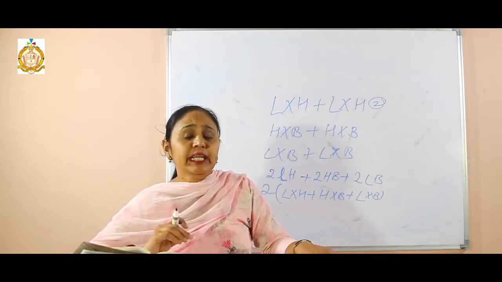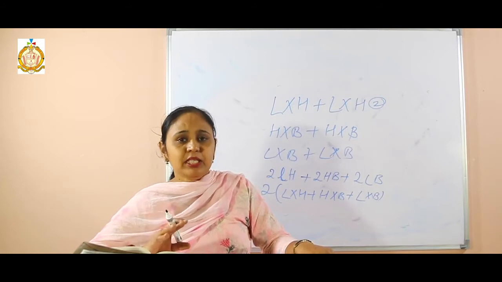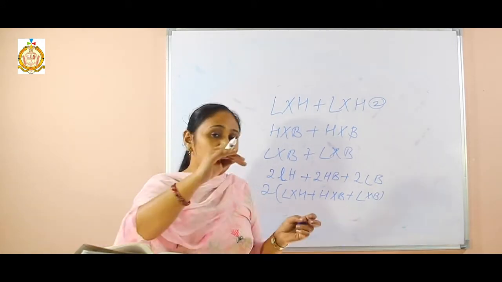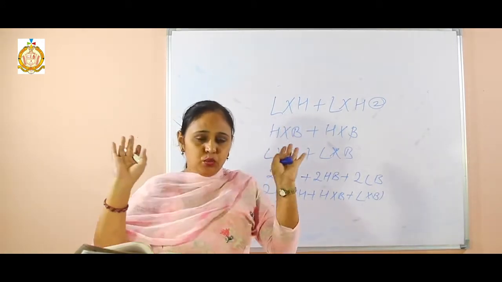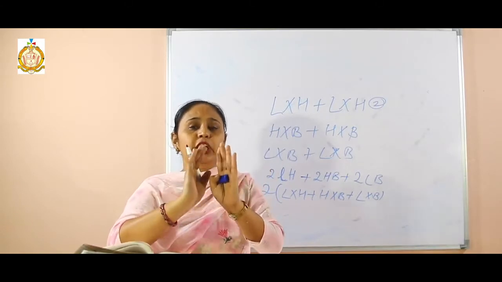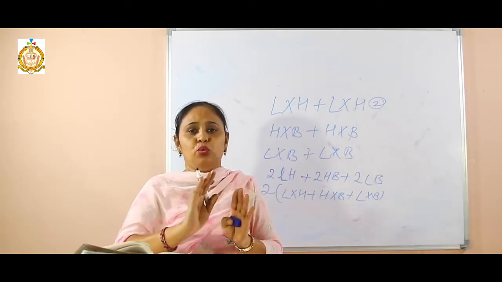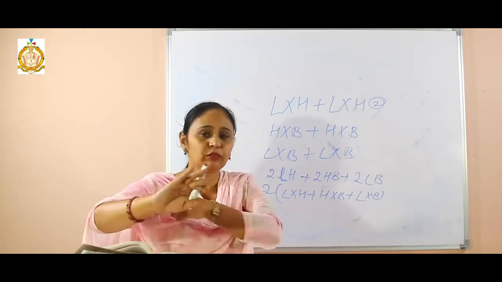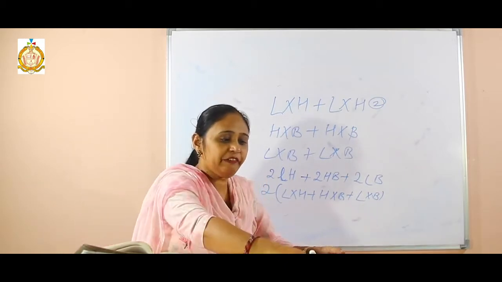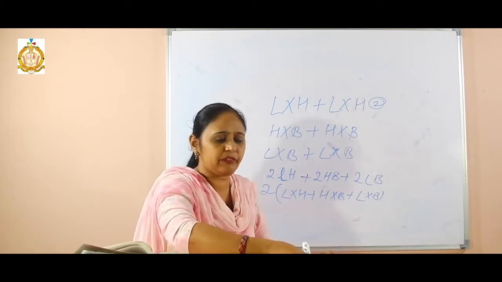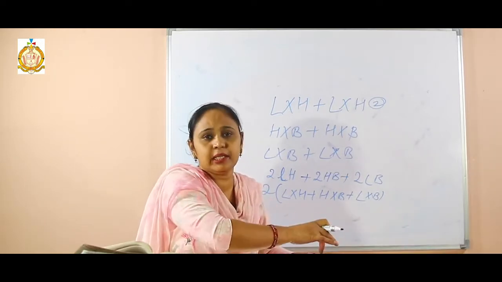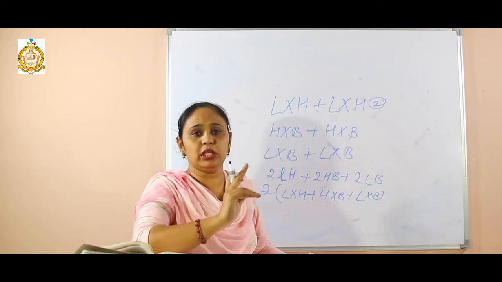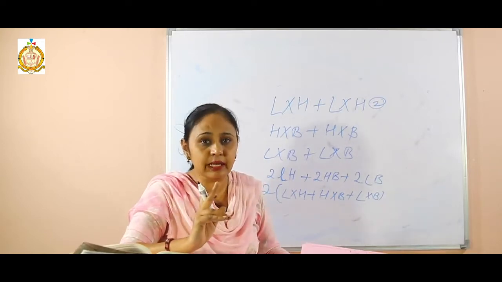But if it is lateral surface area, we have to think like our room. 4 walls are there. I have to take only the area of the 4 walls, not the upper roof or floor. I don't want to take both. Like a box that has no lid and no base. Only 4 walls are there, that is called lateral surface area.